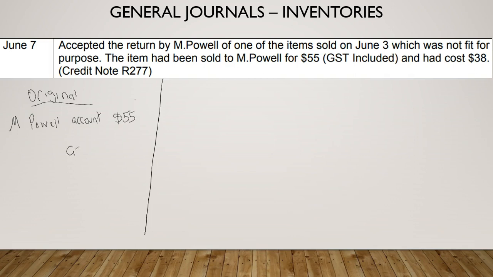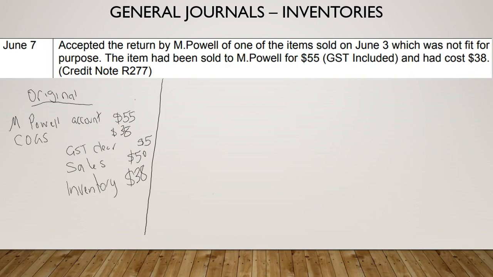We would have had GST clearing of $5, and we would have had sales of $50. Okay, we also would have sold some of our inventory. So an asset going down is going to be a credit. Okay, $38, and the only thing left is our cost of goods sold for $38.